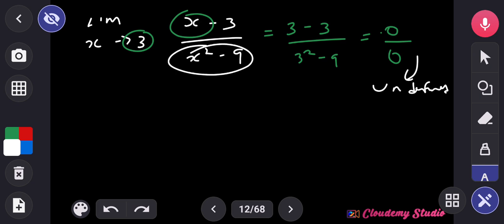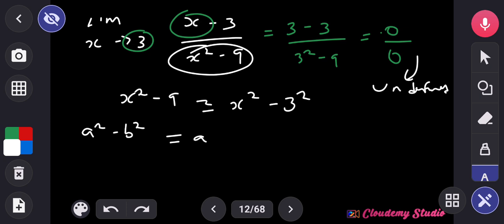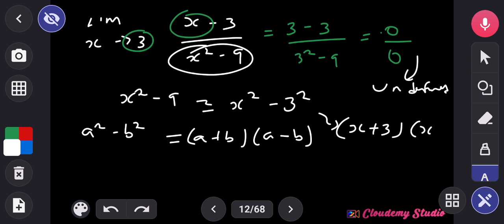Look at it. We can see that it's a difference of two squares. We can make it a difference of two squares because x raised to power 2 minus 9 is the same thing as x squared minus 3 squared. And remember, a squared minus b squared equals a plus b, a minus b, right? Which means we can write this as x plus 3, x minus 3.